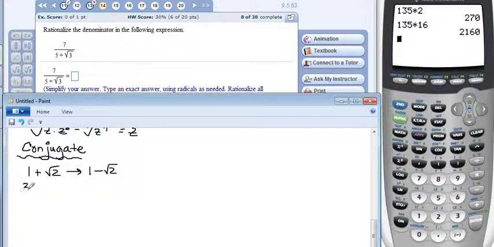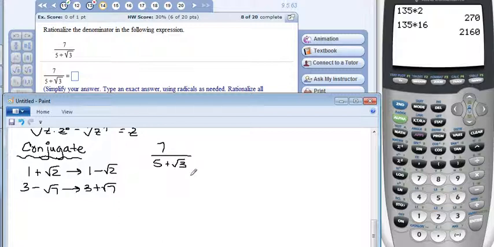So if my expression is 3 minus the square root of 7, my conjugate is 3 plus the square root of 7. Okay, so that's a conjugate. We're going to look at those with our complex conjugates as well, okay, when we get into our complex number system. Why do we have conjugates? Well, you'll see when we work one of these what it does for us.